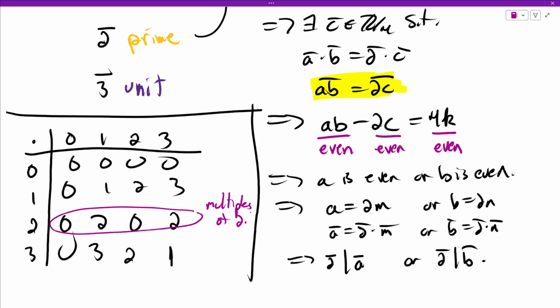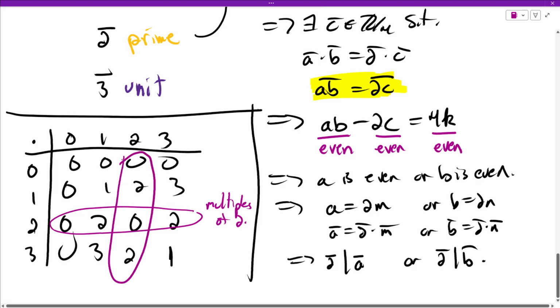So we have to look at all of the possible products where we get either 0 or 2, and we ignore the 0. We're going to ignore the first row and the first column. So all of the cases where we have either a 2 or a 0 happen to only be, in this case, the third row or the third column.